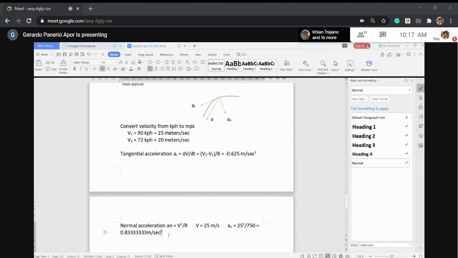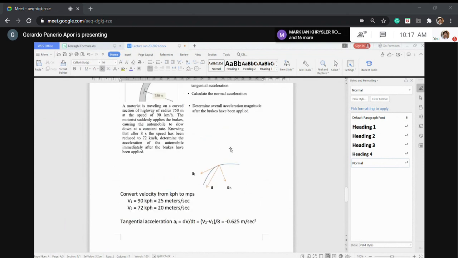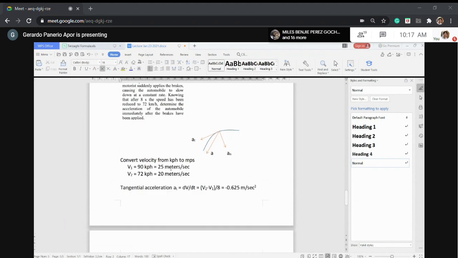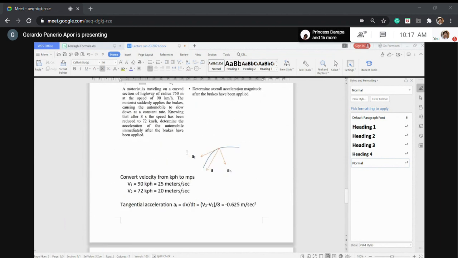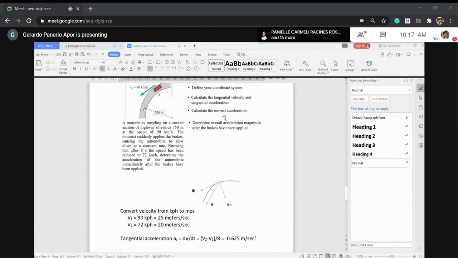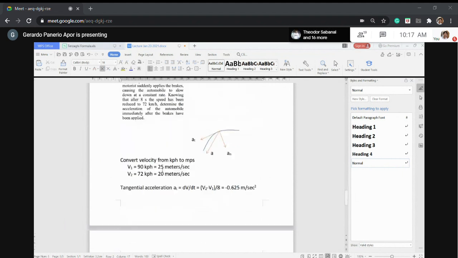If the problem is just to determine the normal and tangential components, we already answered, because you now have the tangential acceleration and also the normal acceleration. But the problem is to determine the overall acceleration magnitude immediately after the brakes have been applied, so we will focus on this.